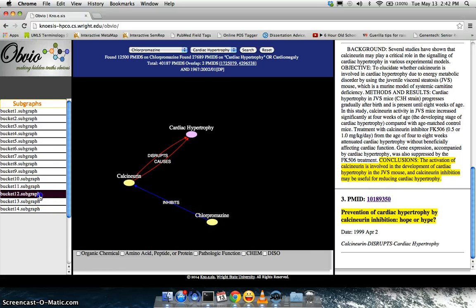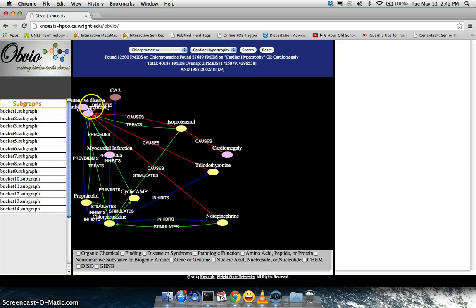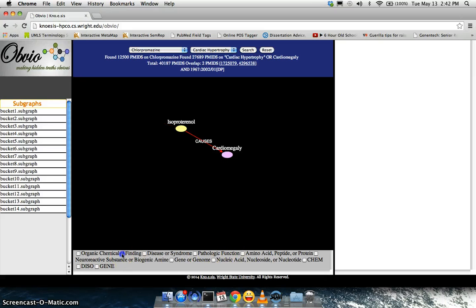To navigate more complex subgraphs, the semantic types and groups of entities are provided as filters. By selecting the semantic type finding, for example, the semantic predication which states that isoproterenol causes cardiomegaly is obtained.